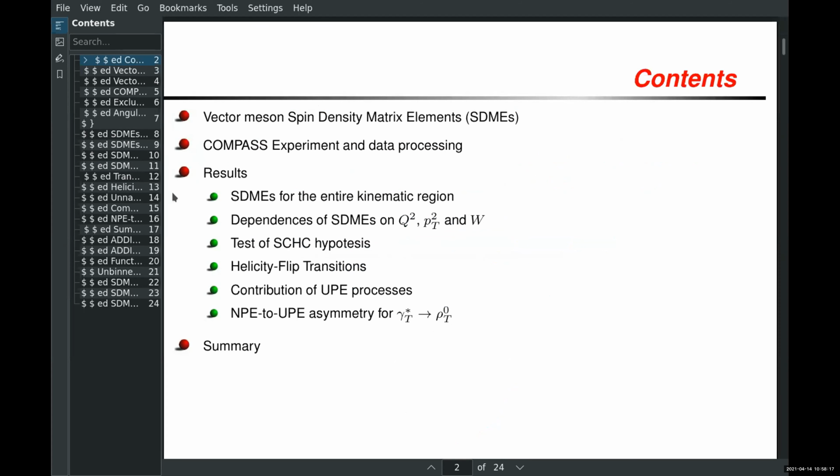I want to show the dependencies of SDME on Q square, PT, and W. I want to say something about the test of s-channel helicity hypothesis. I want to speak about the helicity flip transition, the contribution of unnatural parity exchange, and the asymmetry of natural parity exchange to unnatural parity exchange, and a summary.